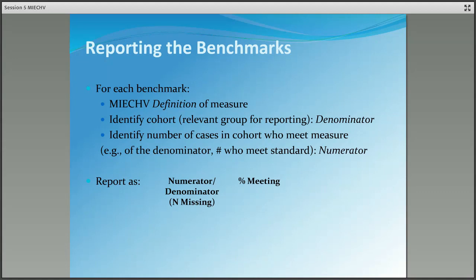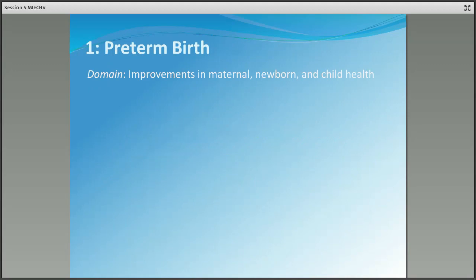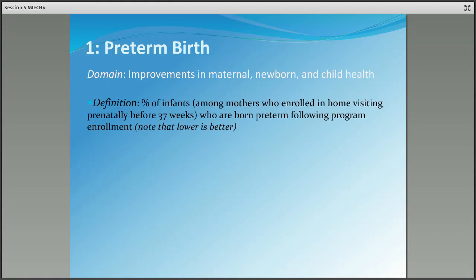All right, let's begin. The first one is preterm birth. The definition here is the percentage of infants among mothers who enrolled in home visiting prenatally, that is before 37 weeks, who are born preterm following the program enrollment.